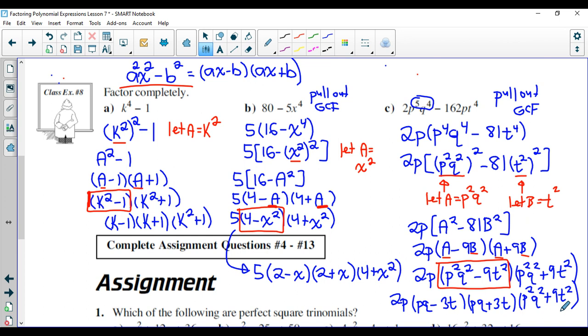Okay, so yeah, this factoring is tougher for sure. I mean, we have to put everything we know together. So we've had to put together our understanding of pulling out GCFs to factor. We had to use our understanding of grouping, factoring by inspection, factoring difference of squares, and then factoring using decomposition.